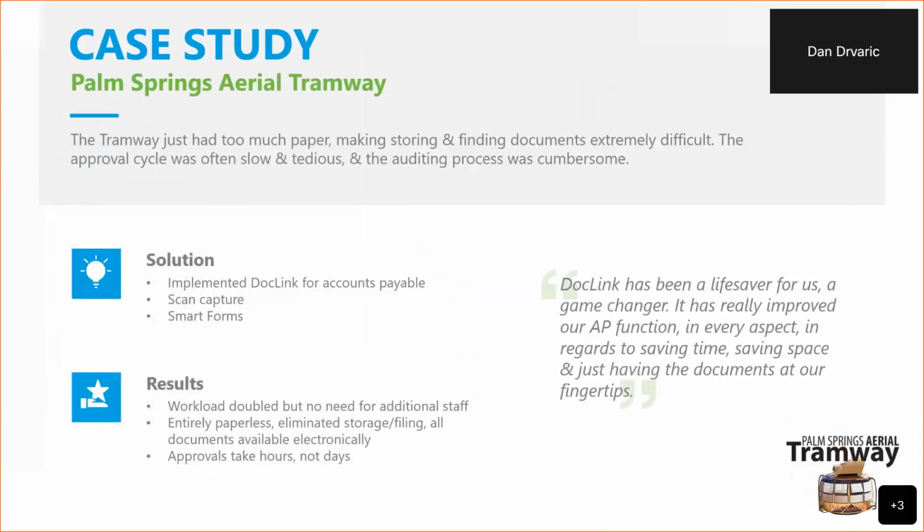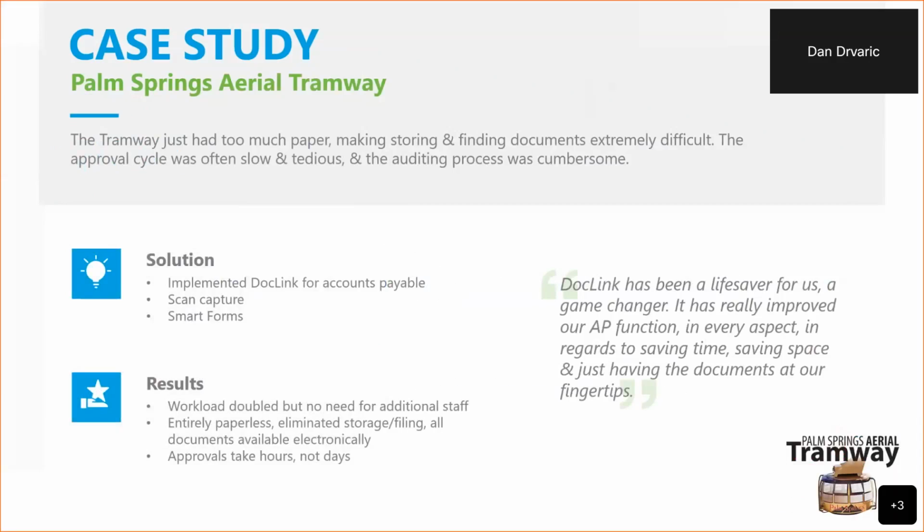Another case study, again, here we see that the initial solution was in accounts payable. They captured documents, and they also used smart forms to streamline and improve the efficiency in the areas of things such as expense reporting and credit card reconciliation.